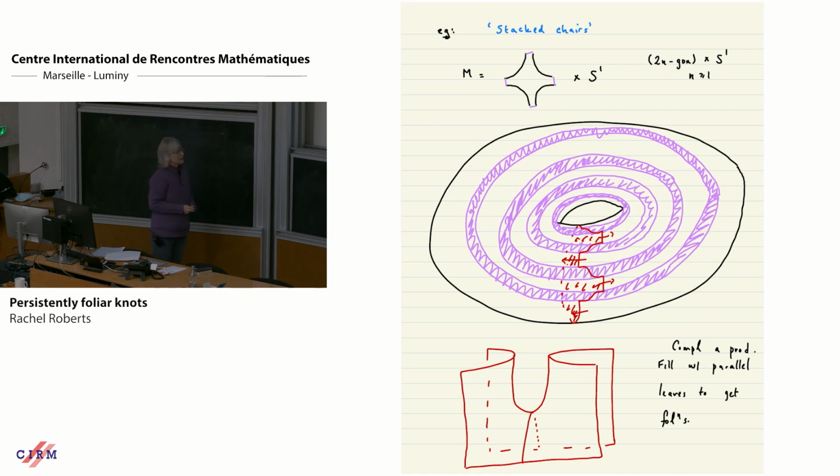So this is a game that's been known for a long time. Thurston, Juhász, maybe some others I should be naming. And it's known as stacking chairs. So you can think about what we've got in this solid torus. We have the game we had before. We have one leaf, and then we add in a bunch of parallel copies of that leaf.